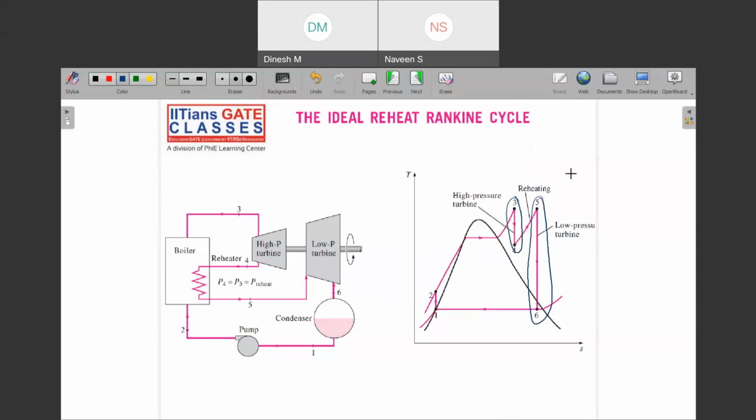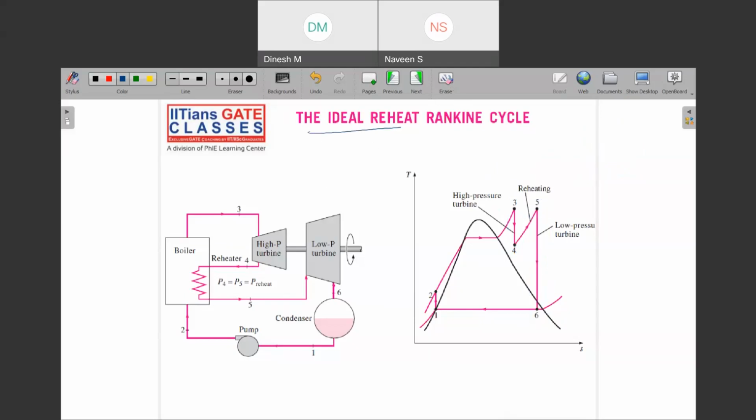Here you have your W net increased, right? But simultaneously your heat supplied has also increased. So depending upon the working scenario.